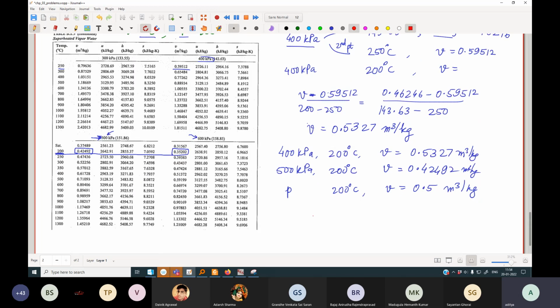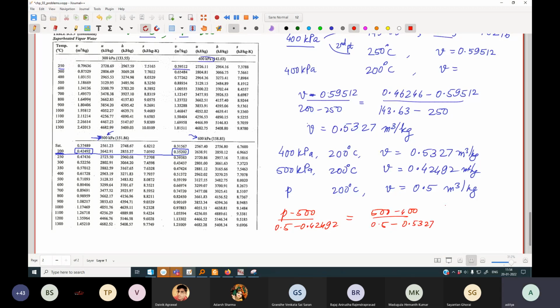Let me do it in red this time. So it's (P minus 500) divided by (0.5 minus 0.42492) is equal to (500 minus 400) divided by (0.5 minus 0.5327). So let me go to the calculator again.